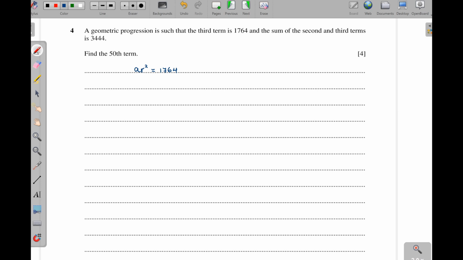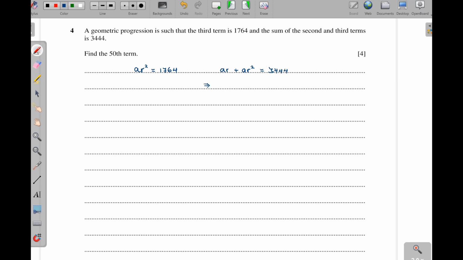And then the sum of the second, so we have ar, that is the second term, and then the third term is ar squared, not so, is equal to then 3444.